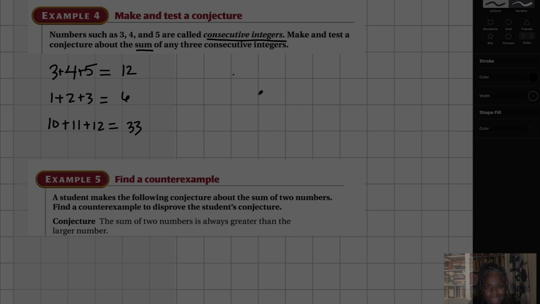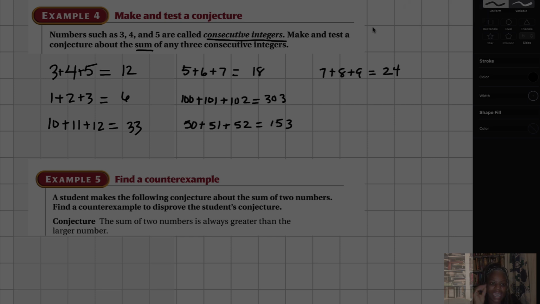I don't know. Anybody seeing anything? So let's put a few more out there and see if we see something. So I did a couple more and I'm wondering if you see any pattern. Pause me and see if you can see it before I give you an idea of what's going on.